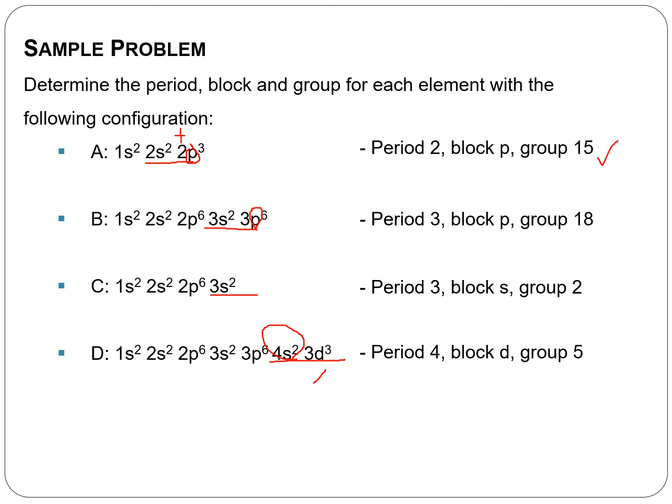From which group? 6 plus 2 is equal to 8, from group 18. Alright. And then period 3, S block, group 2, because it's only 2 elements here. Right, and then this one, period 4, block D. This is the last block. Okay, the block D, and then come from group 5.